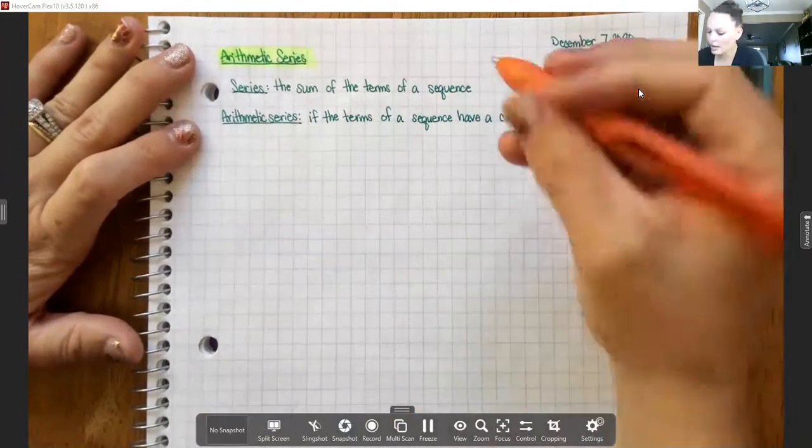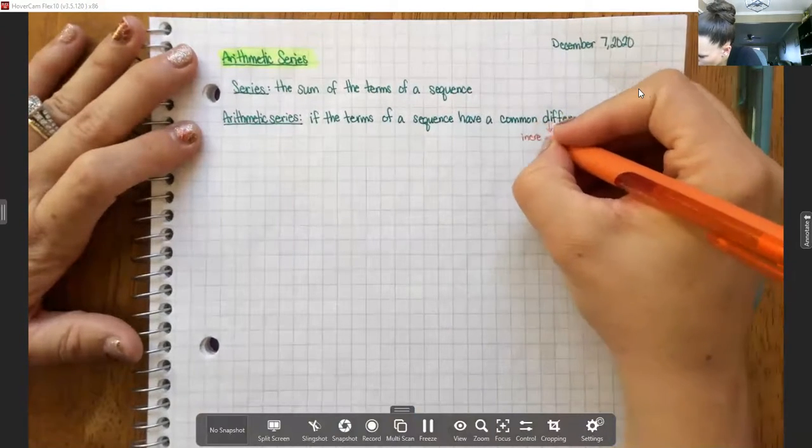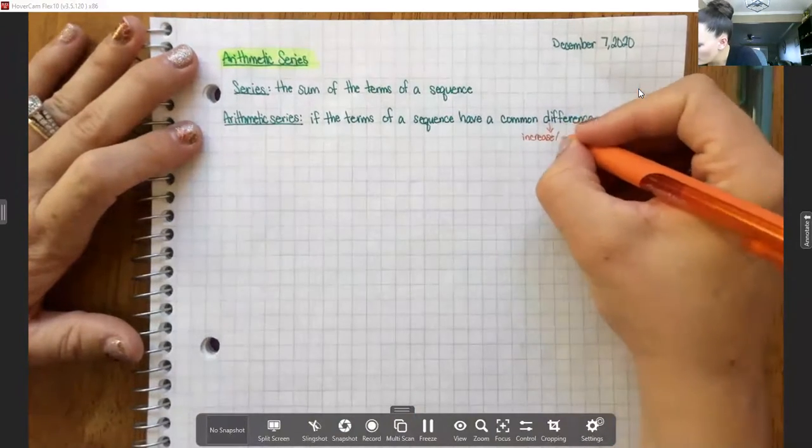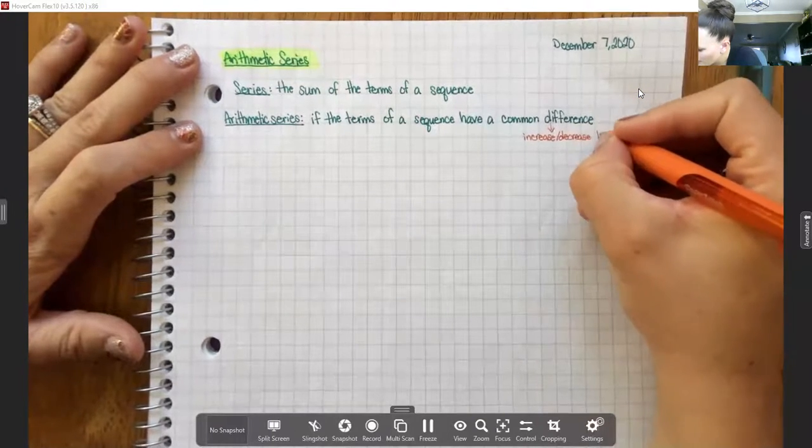And what that means is they increase or decrease linearly.